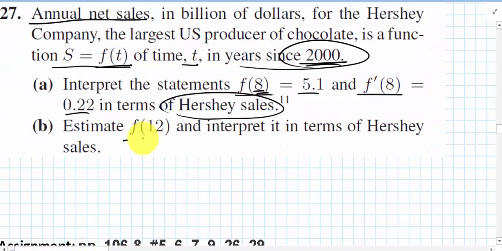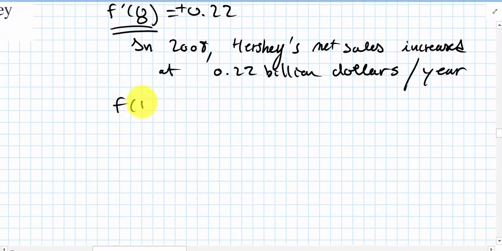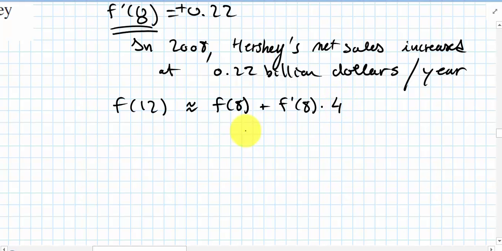And so now, estimate f at 12. How do we do that? We're going to use the tangent line approximation, right? So f at 12 is about f at 8 plus the slope times the run. The slope, f prime at 8, times the run, 12 minus 8, 4.